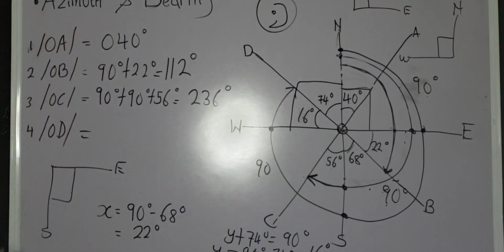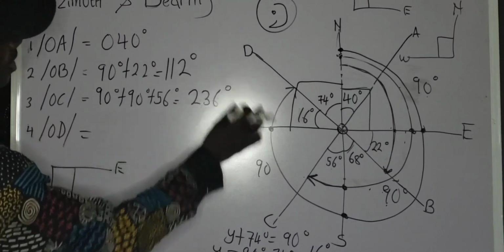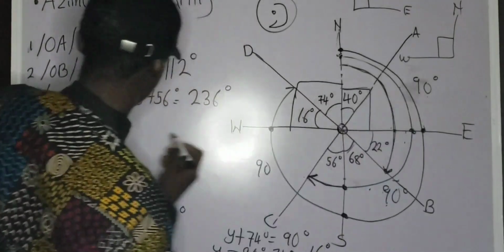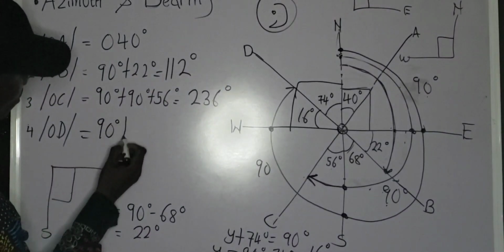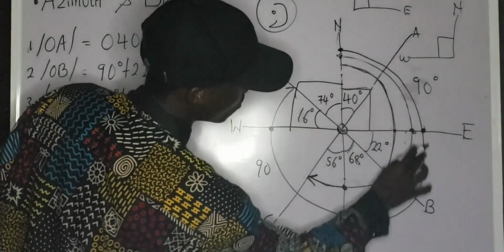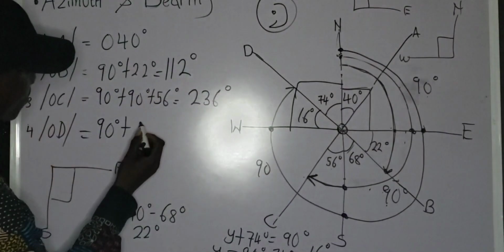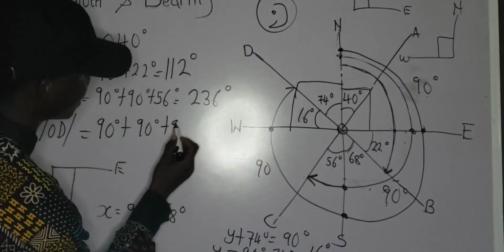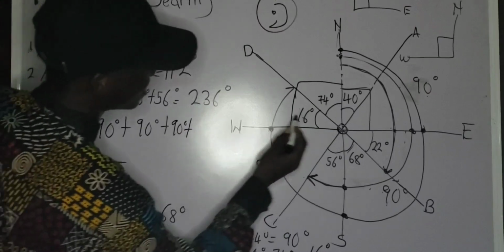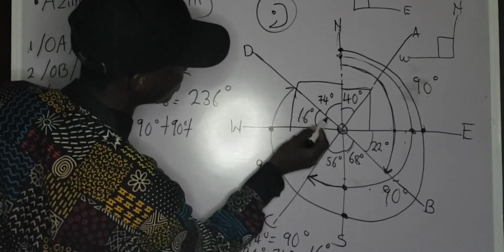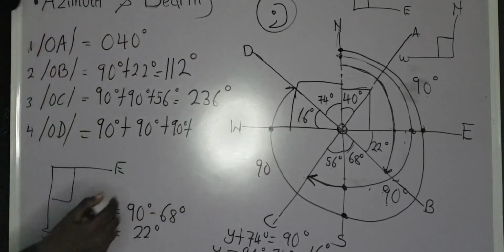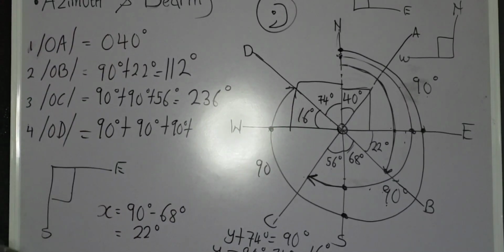Are you getting it? So now, in order to calculate the azimuth of line OD, this angle to this angle is 90. So I'm going to have 90 degree plus 90 degree plus 90 degree plus 16 degree, because this is where line OC stops. I don't need 74 degree. Do you understand? I told you that azimuth is the clockwise angle measured from the north pole.